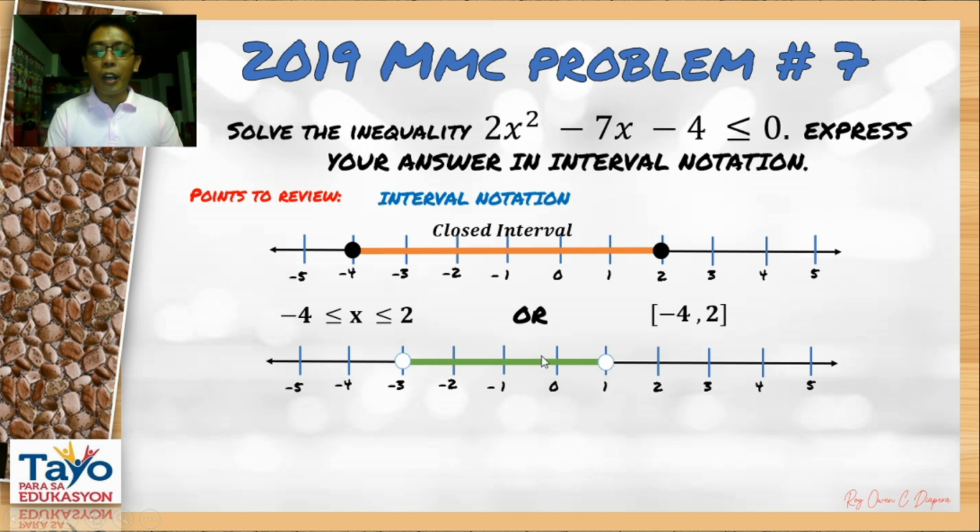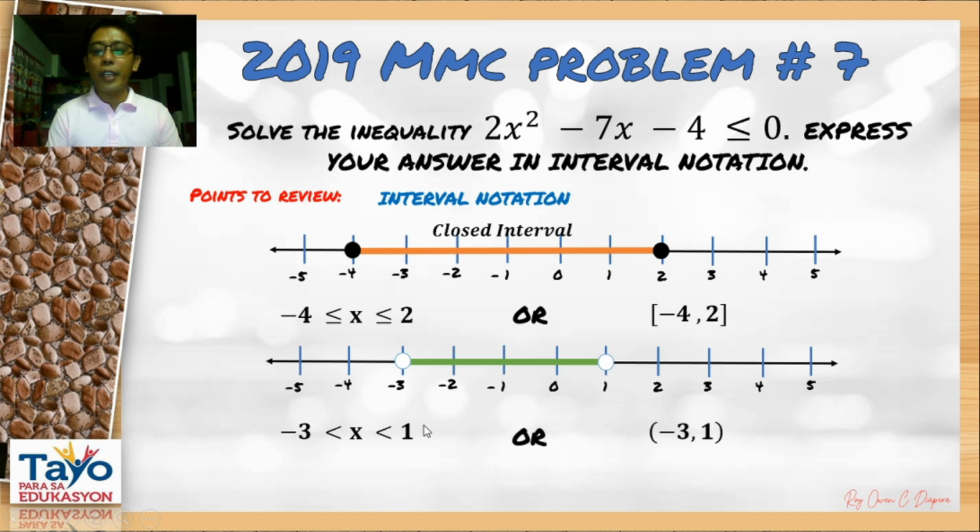Now, how do we do this in an interval notation? Of course, I will not be using greater than or equal to because negative 3 is not included. So, x is greater than negative 3 but x is less than positive 1.